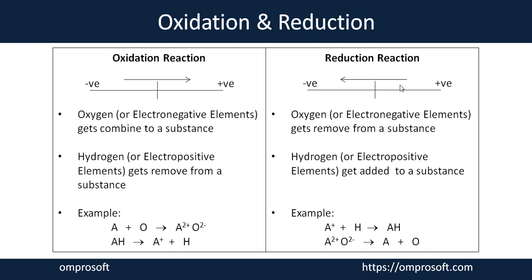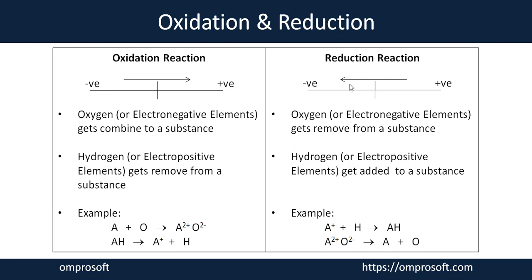Like if some substance has a positive charge, but after getting electrons it becomes negative. Like some substance has a +1 charge, after getting 2 electrons it moves to -1, and if it already has a negative charge like -1, and gets 1 electron, it becomes -2. Such a reaction is considered a reduction reaction for that particular substance.